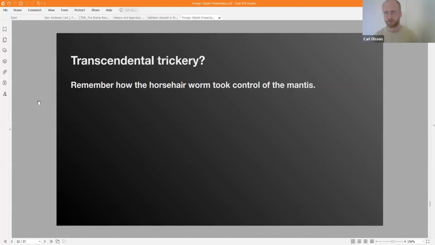So to return to the very beginning, and now we're weaving the negative view, or the other side of the coin, if you will, of the narrative that I've been telling so far. Remember how the horsehair worm took control of the mantis and inhabited it by changing how it perceives light and its own environment.